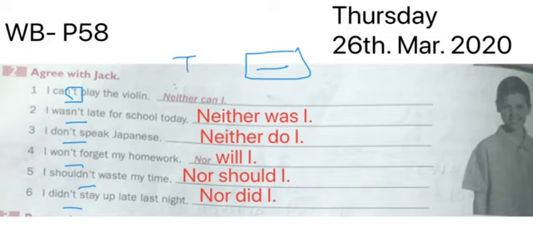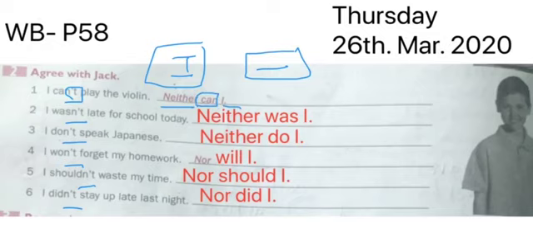Let's start. I can't play the violin. Because it's a negative, you have two choices, remember, "neither" or "nor." This box starts with "neither." So "neither," then follow it with the auxiliary verb, which is the modal verb "can," and the subject "I."